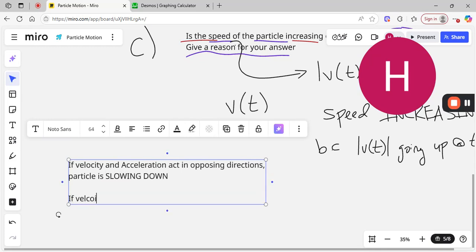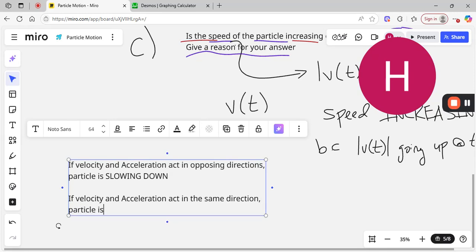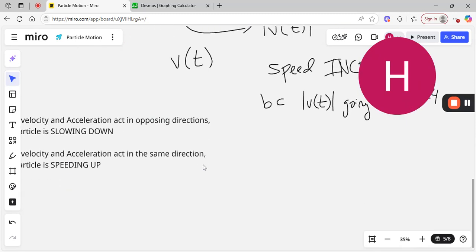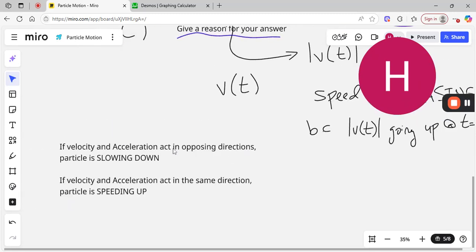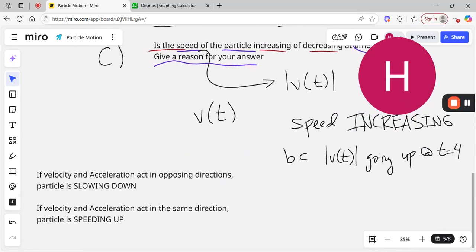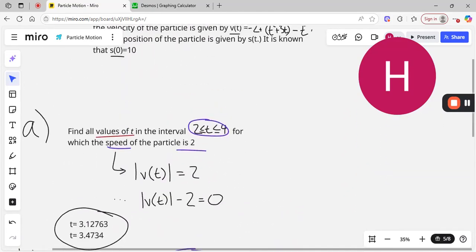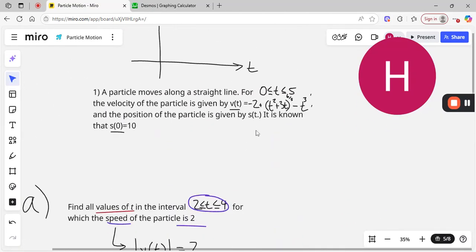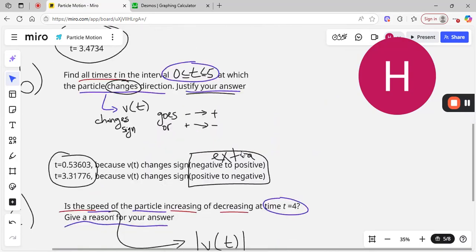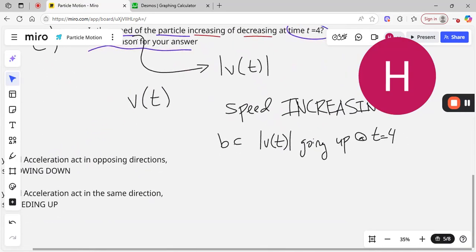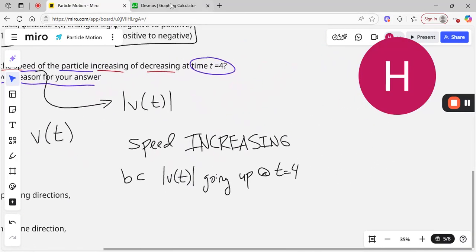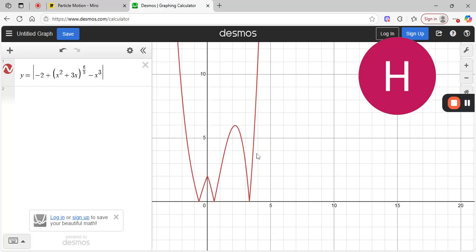If velocity and acceleration act in the same direction, the particle is speeding up. This would allow us to answer that question more precisely if we had to do something without a calculator, and they wouldn't give you as gnarly of a graph or function. Or maybe they would, and you'd have to just figure it out. But since we have a graph, we can simply use the graph of the absolute value, and that'll work.